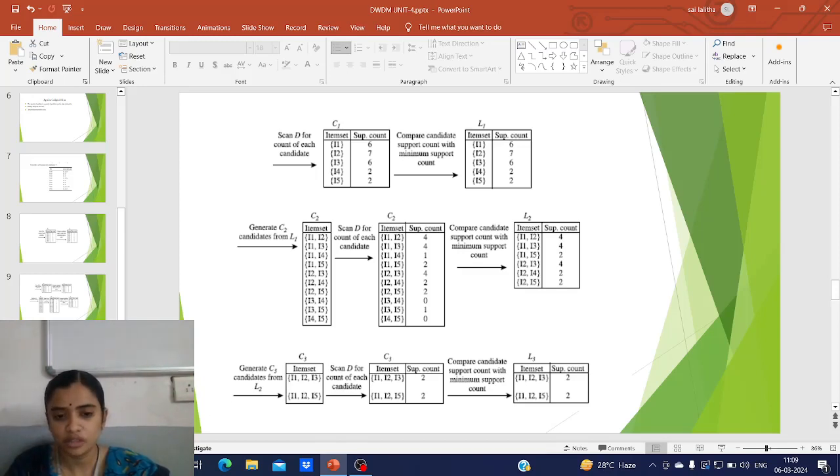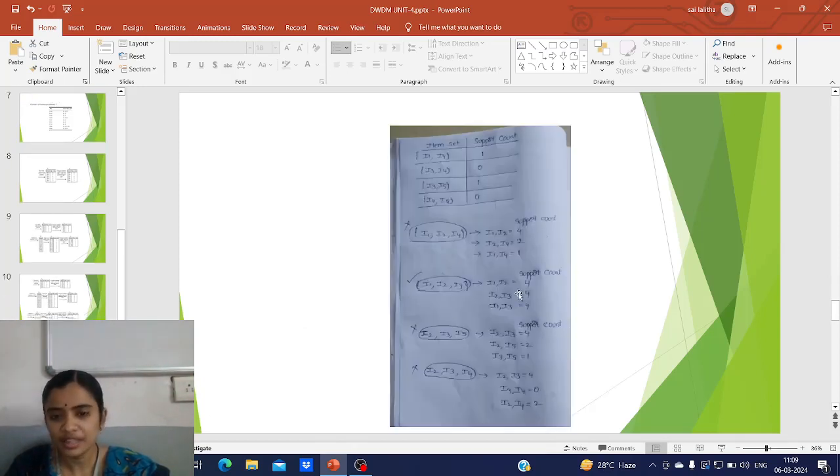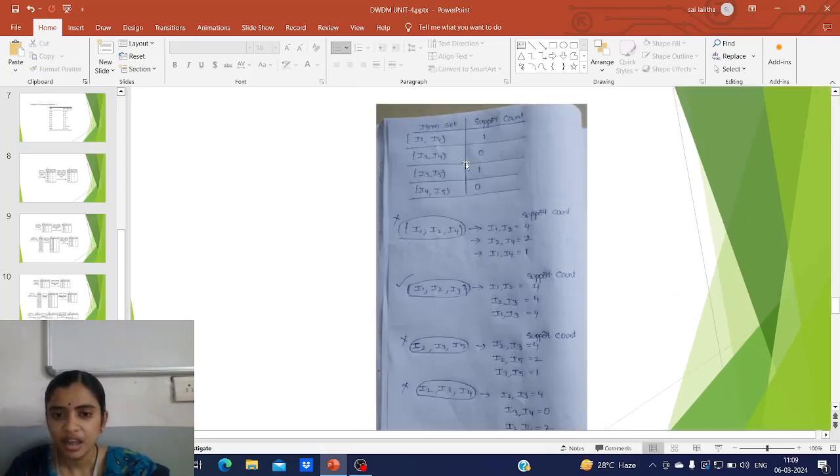Okay, I want to explain. Let's see this image. Here in the L2 frequent item set, I have pruned some items from it. Why? Because these item sets are not satisfying the minimum support count. So based on this, I want to prepare three-item sets.